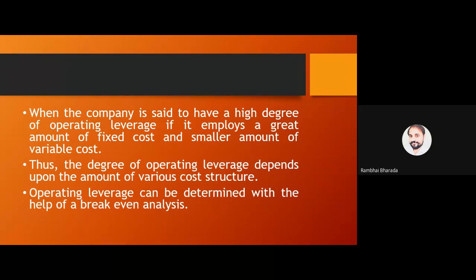That's why the degree of operating leverage depends upon the cost structure, how much variable cost there is, which defines whether operating leverage is high or low. Break-even analysis, the remaining theories, remaining formulas and practical questions we will do in the next class.